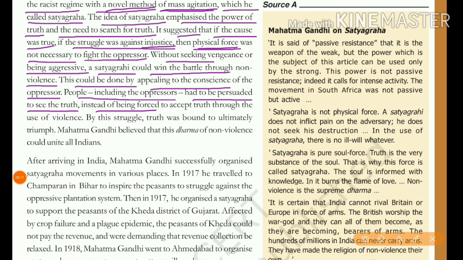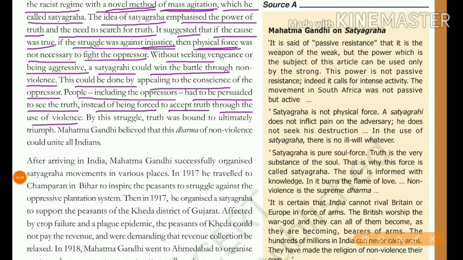Instead of being forced to accept truth through the use of non-violence. So if we do like this, if they are persuaded to see the truth, automatically, without using any force, the oppressed also accept the truth.